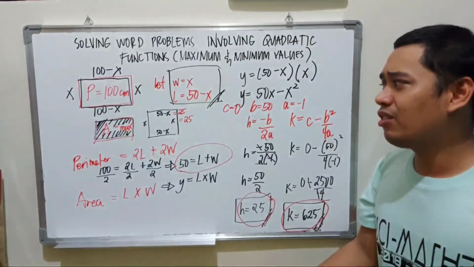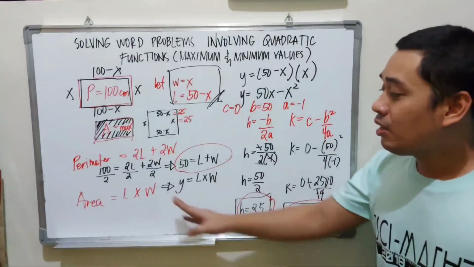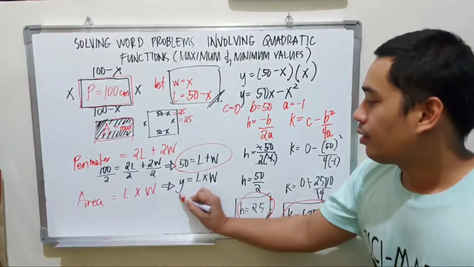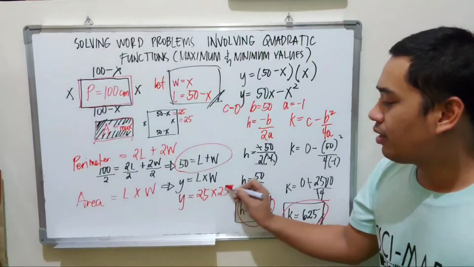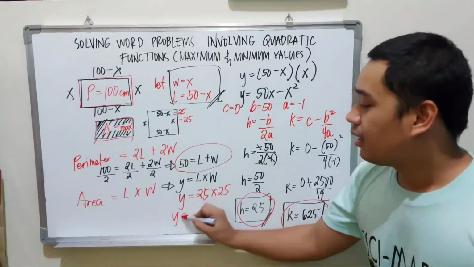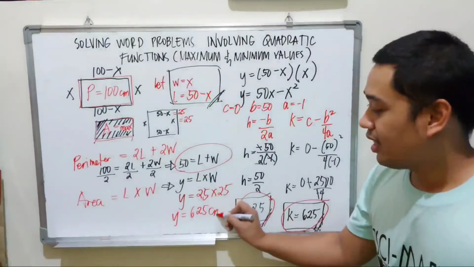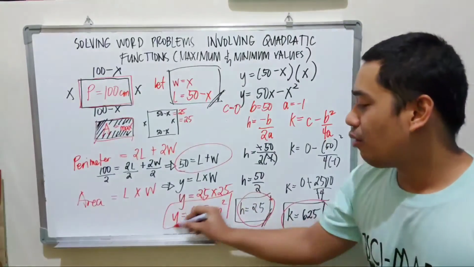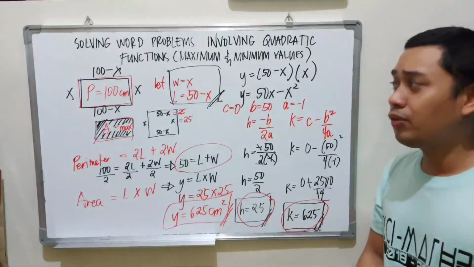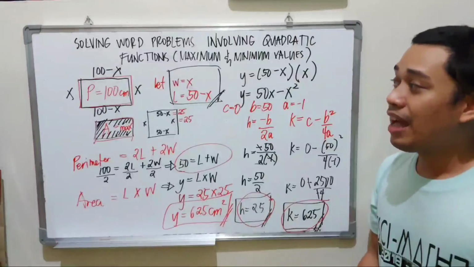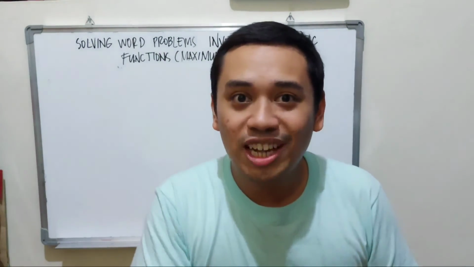So, ibig sabihin, kung meron kang 25 na length at 25 na width, using length times width, the maximum value for the length and width is 25 by 25, meaning the value of our k, which is 625 cm squared, should be our final answer as the maximum area possible for a rectangle having perimeter of 100 cm. So ayun na nga, we're down to our last example.